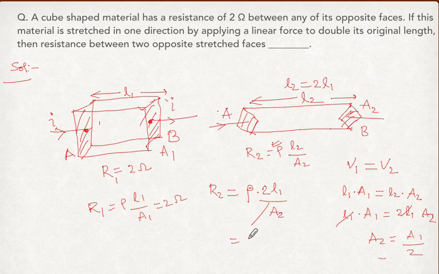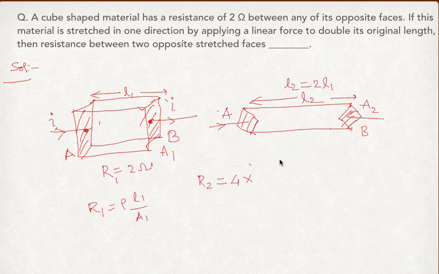Upon simplifying, rho 2 L1 with A2 equal to A1 by 2, we get rho L1 by A1 multiplied by 4.